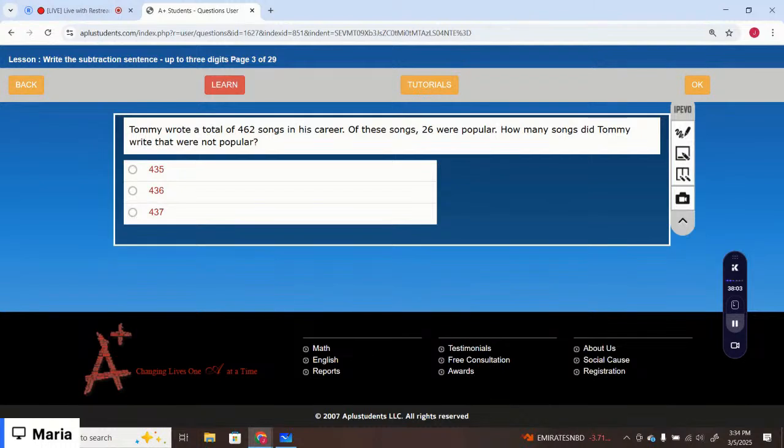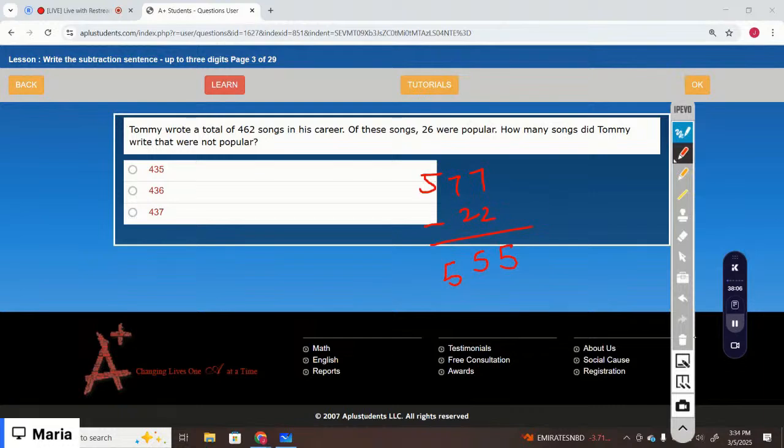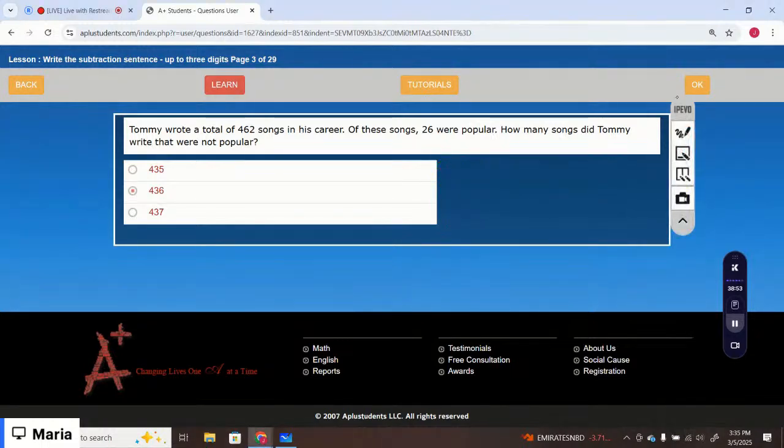How many songs did Toby write that were not popular? 26 were popular, so subtract the popular songs out of the total. 2 take away 6 needs borrowing. 4 take away 2 is 2. That is 436. Option number 2 is the correct option.